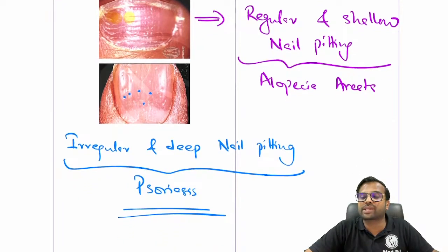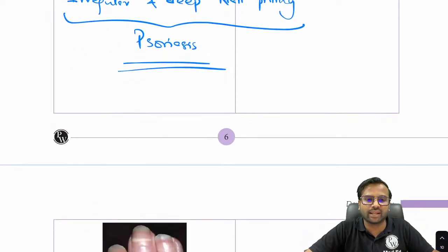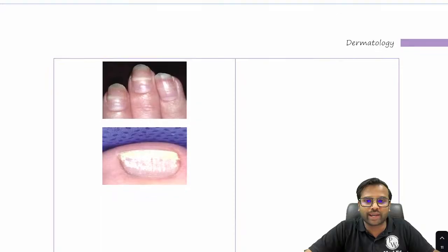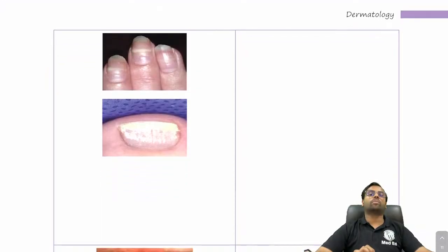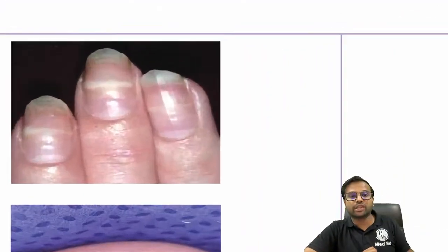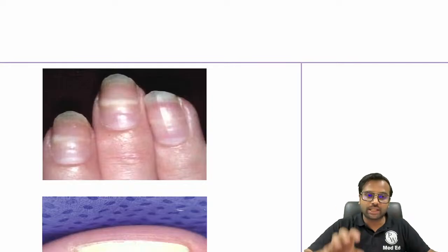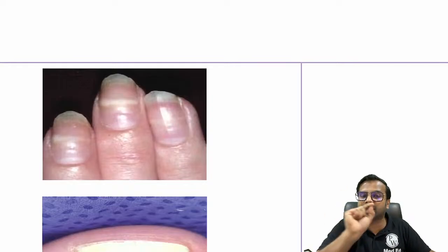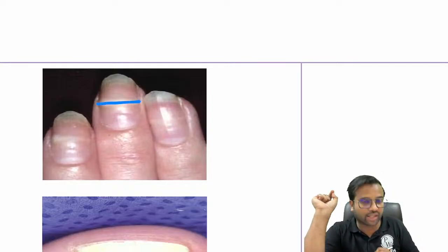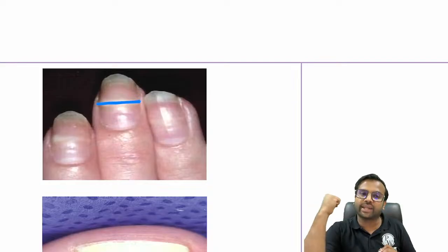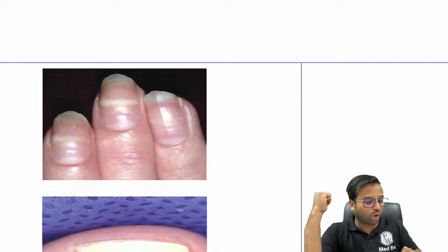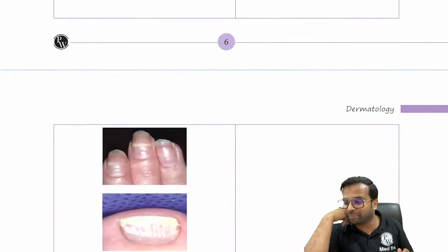Now, since we have started talking about the nails, let's talk about more nail disorders. So what about all these nail findings? If I zoom these images for you in one go, you can see a whitish discoloration like this over the nails. Can you give me a spot diagnosis, like where do you find them?